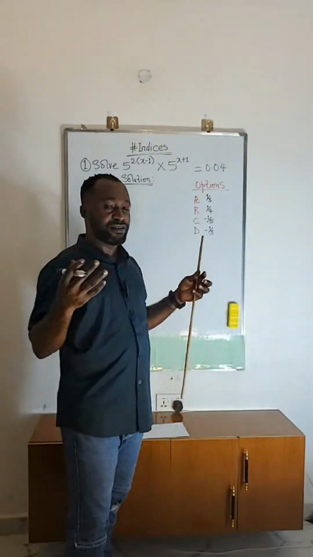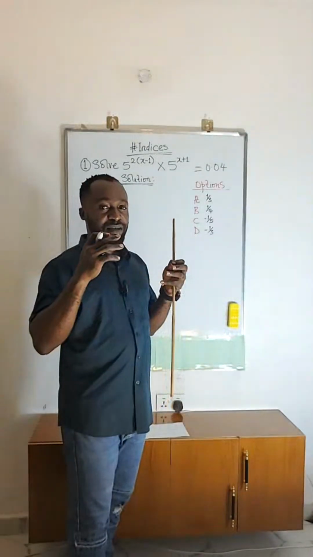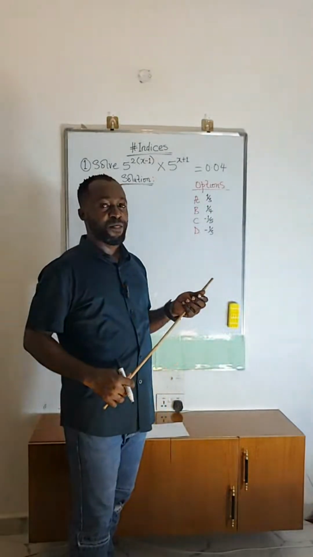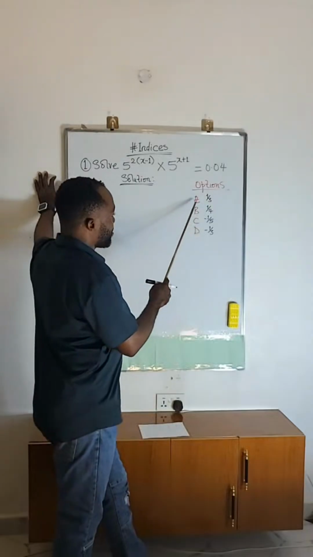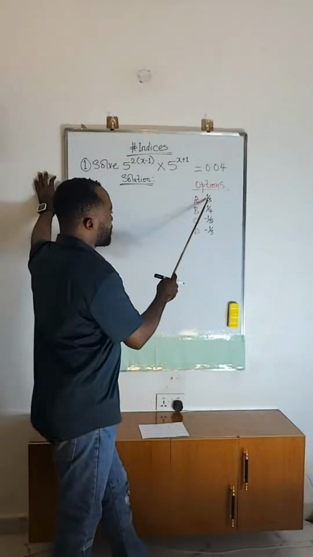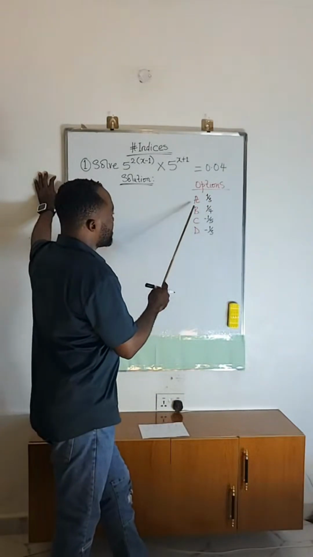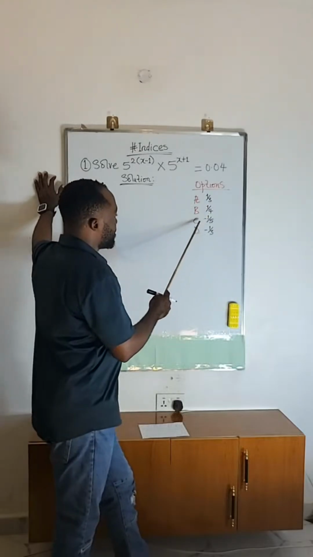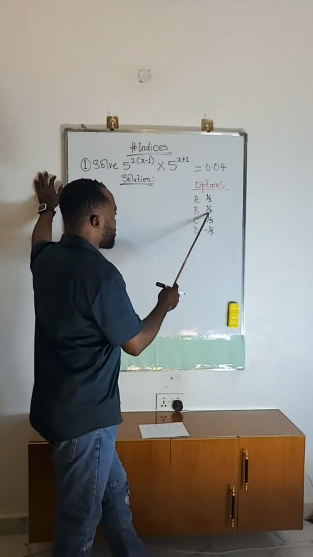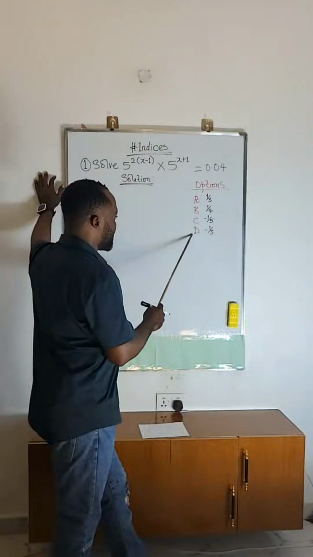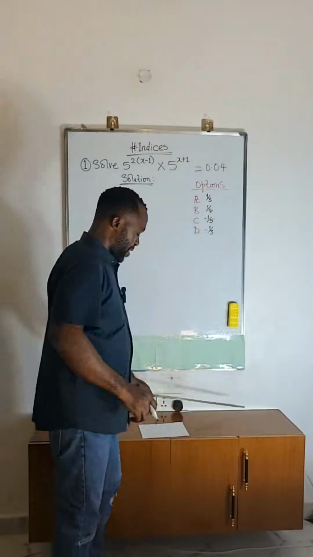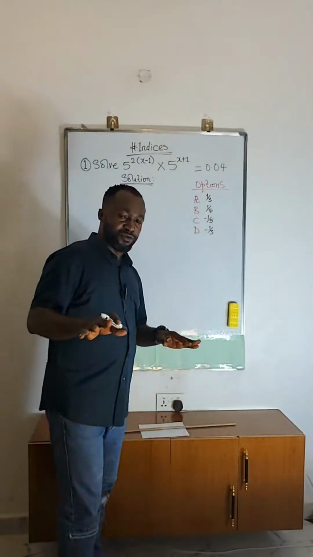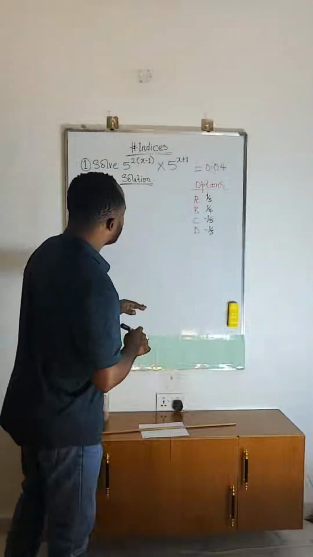We extract these questions from exam question papers. So, these are the options. You have A, 1 over 3, B, 1 over 4, C, minus 1 over 5, and D, minus 1 over 3. Okay? So, just watch.